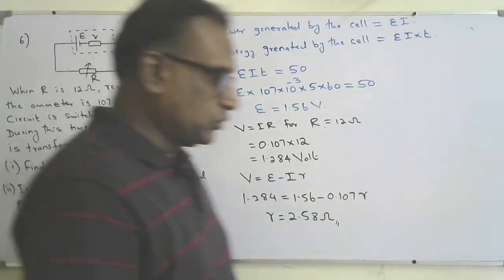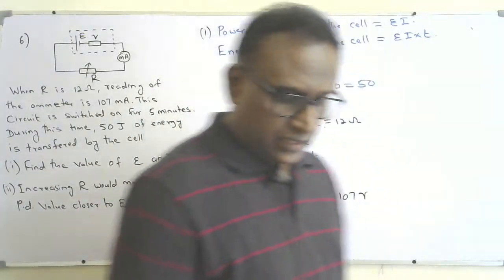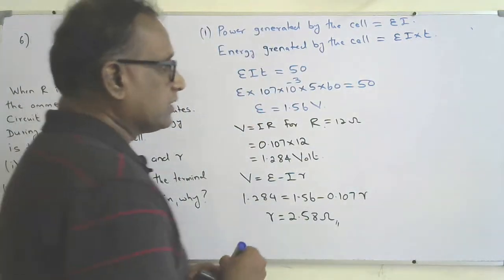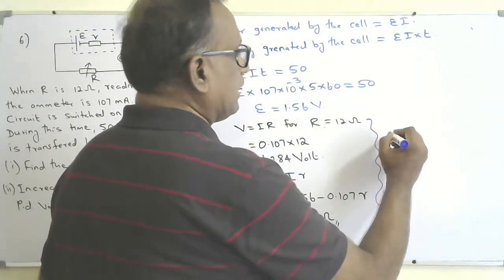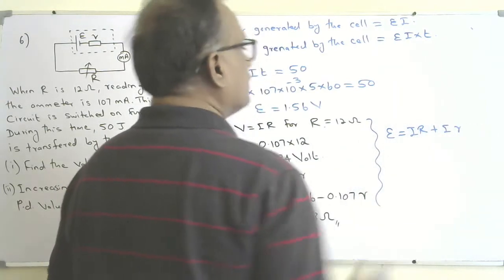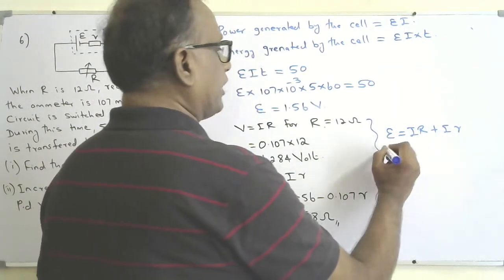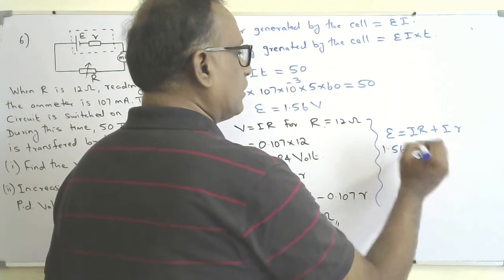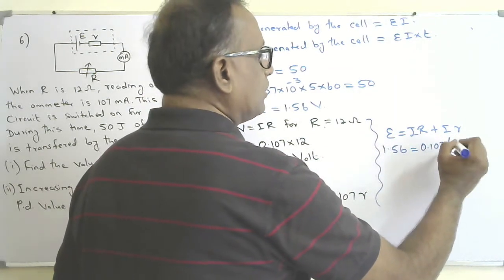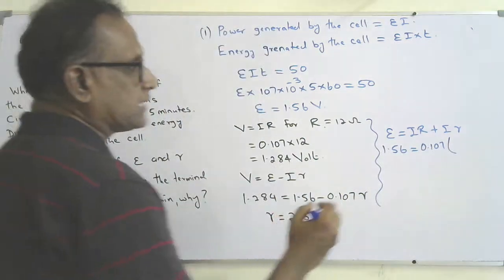Or you can do the same thing by using Kirchhoff's second law. EMF equal IR plus Ir. So EMF we know is 1.56, equal current, I can take it common, that is 0.107 into R, which is 12, plus r.